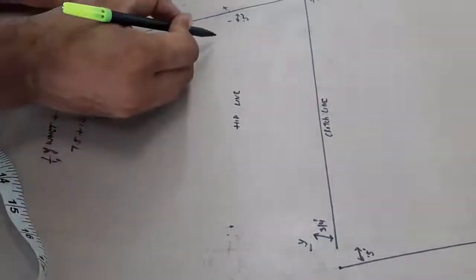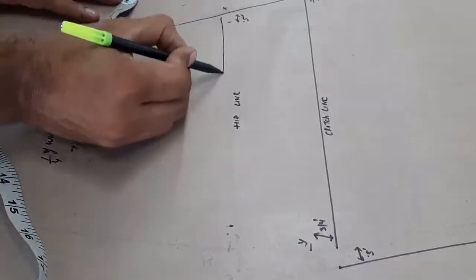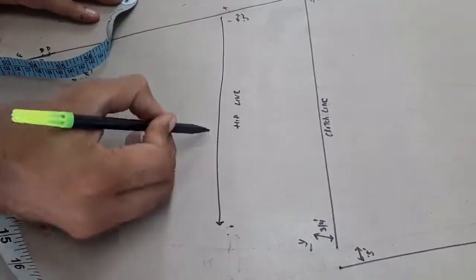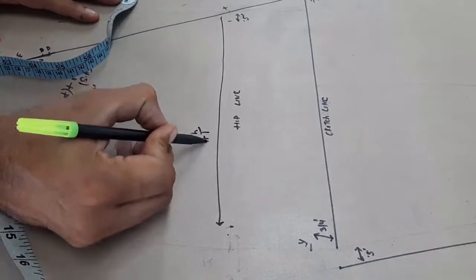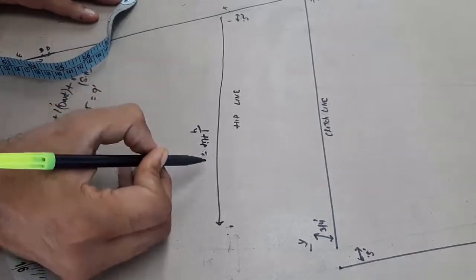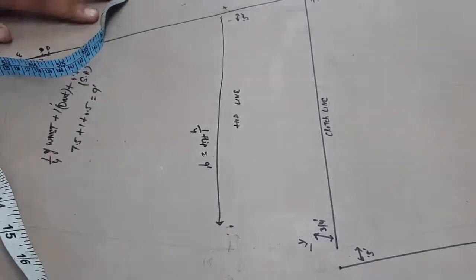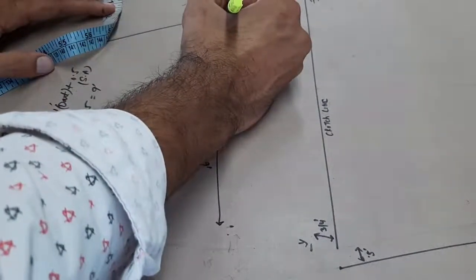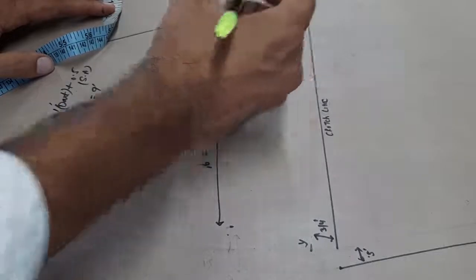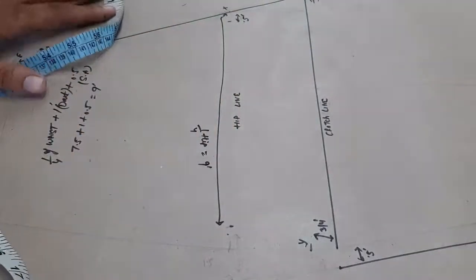So just from here you will mark a point of 1/4 of hip, that is 9 inches. That much from here to this point is 1/4 of hip, that is 9 inches.